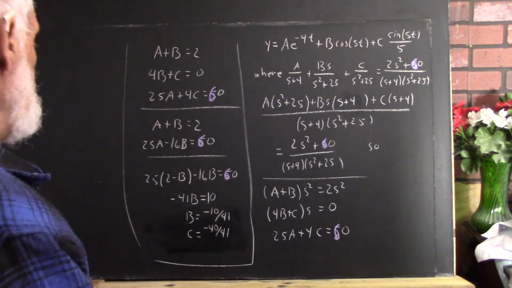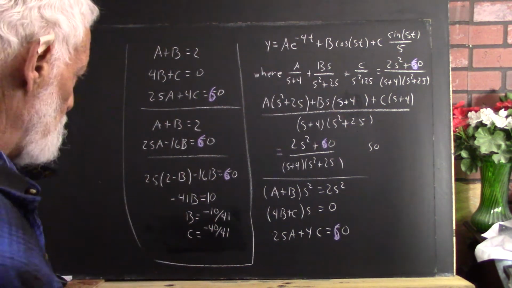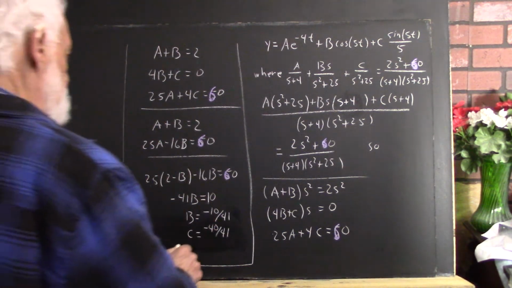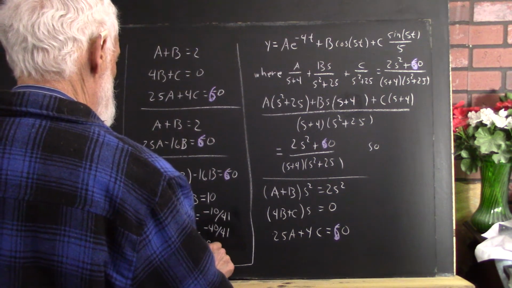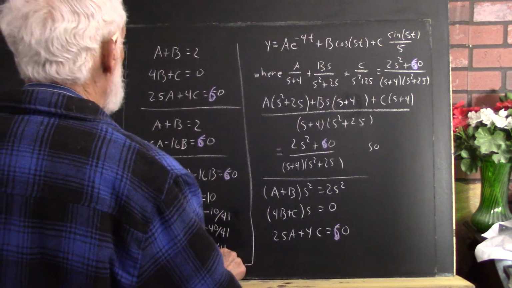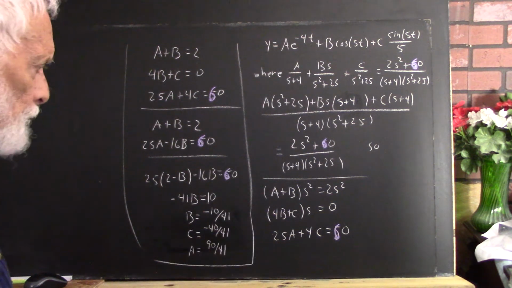And then a is 2 minus b. 2 is 82 over 41. So it's 90 over 41. Again, work it out and see if this works.